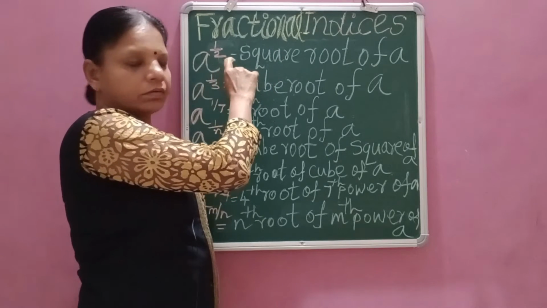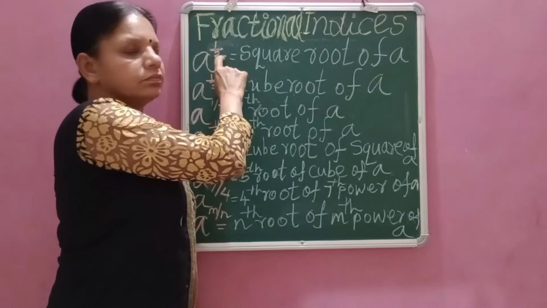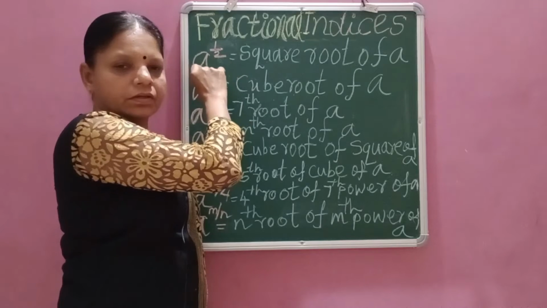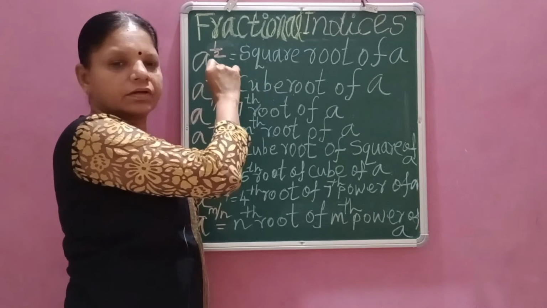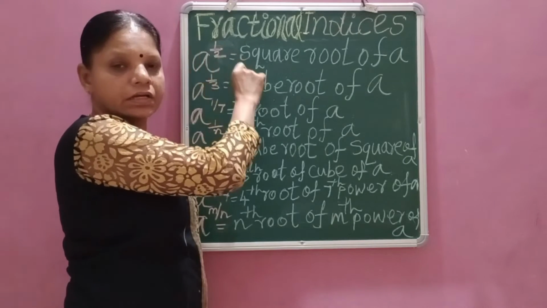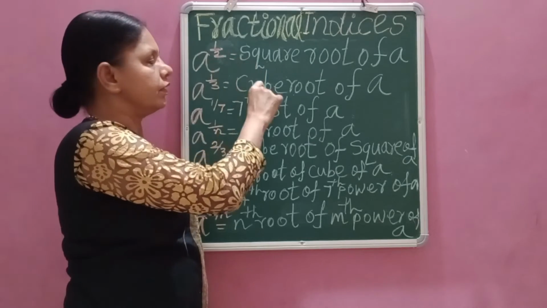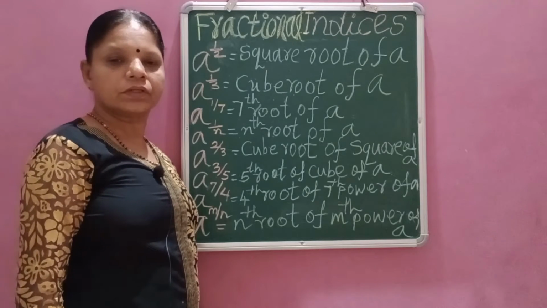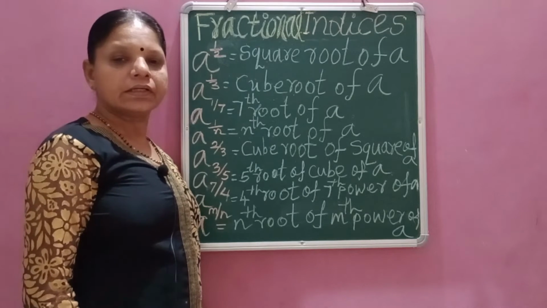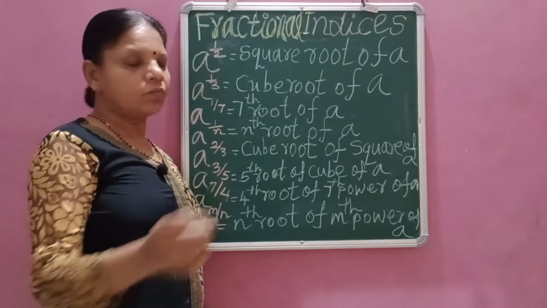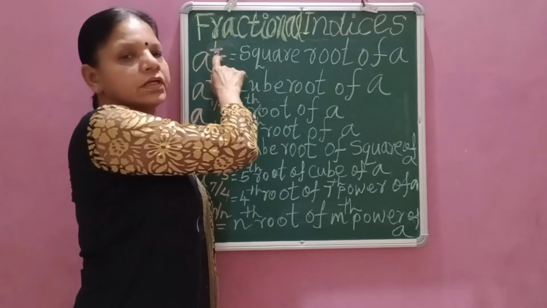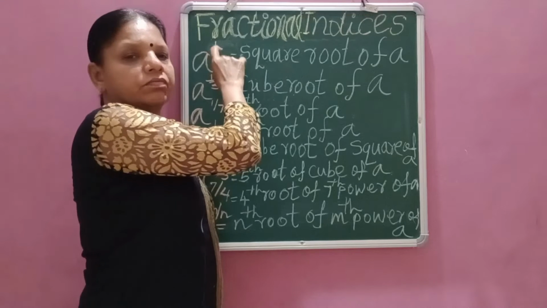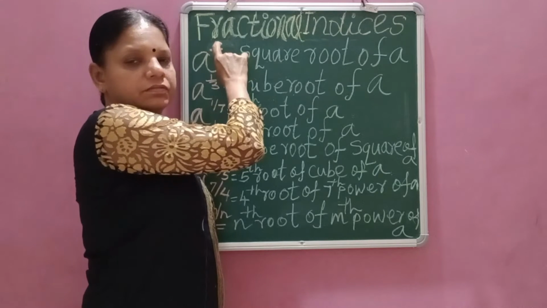If the denominator exists in the index, then it will be nothing but roots. We know that roots are repeated division. So how many times repeated division is represented by the denominator of the fractional index?